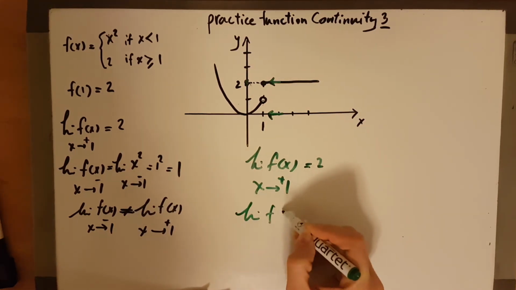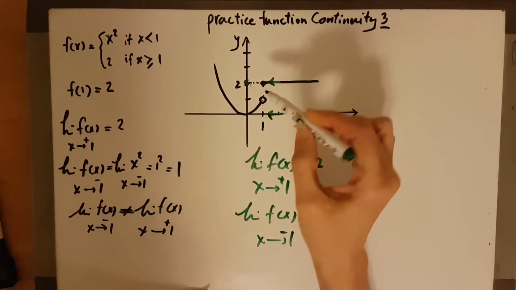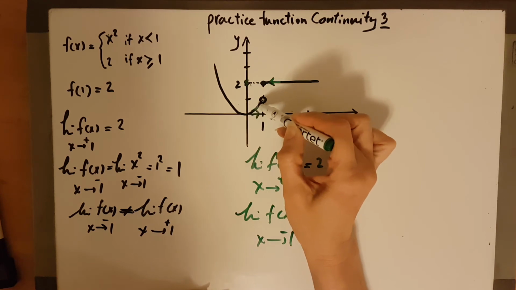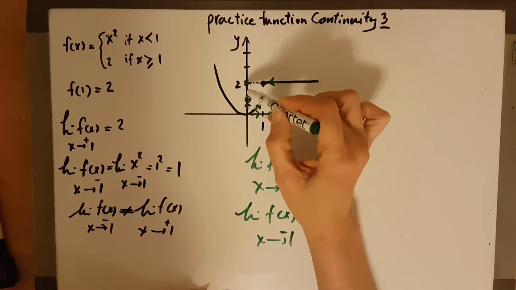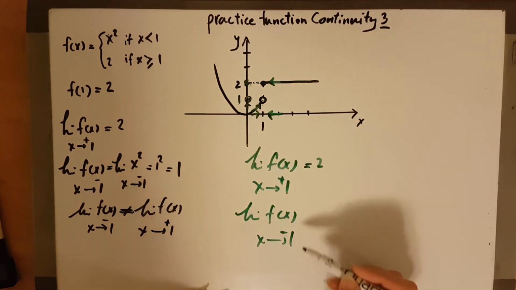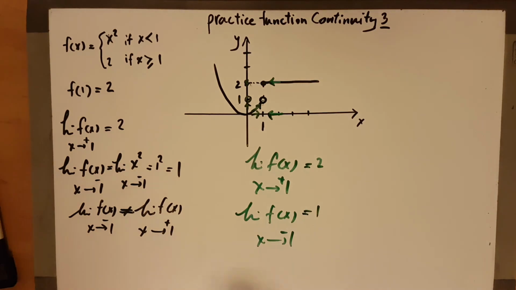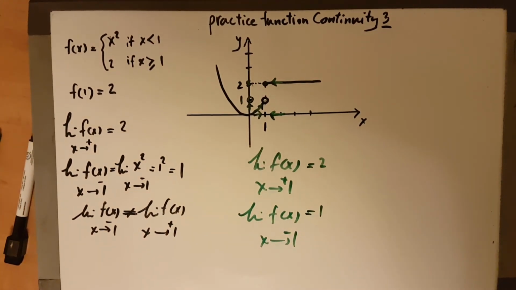And the limit of f(x) for the x's going to 1 from the smaller x's, like these x's, will go here, towards the point 1, which does not equal this. Therefore we can also see in the graph that it is not continuous.